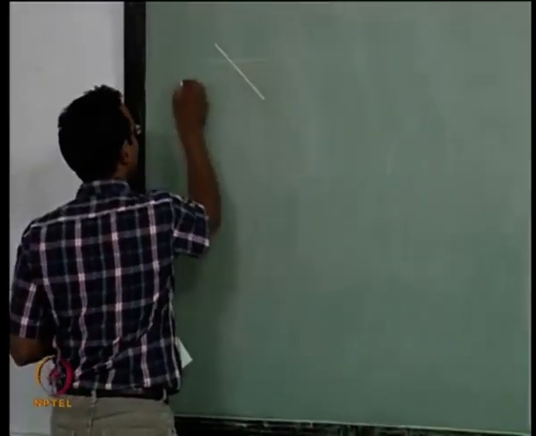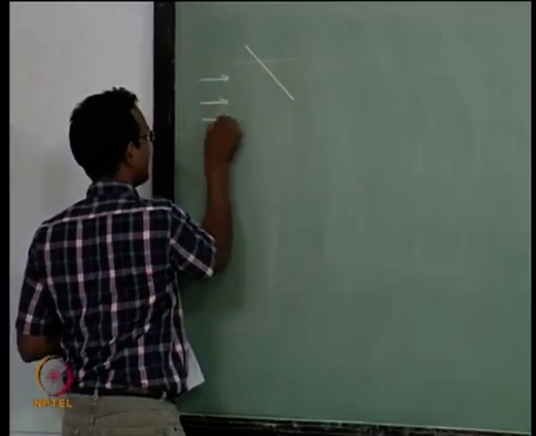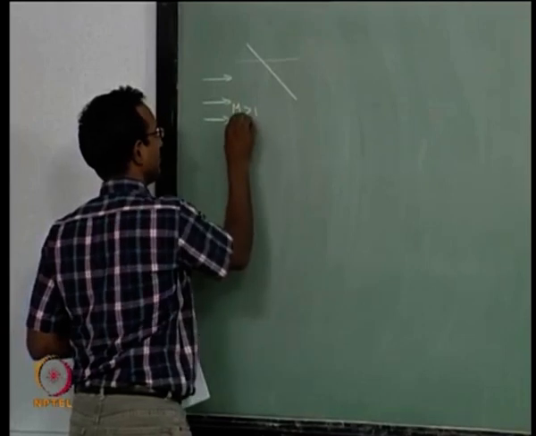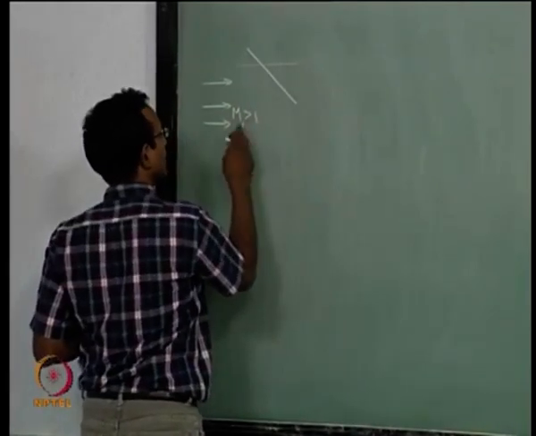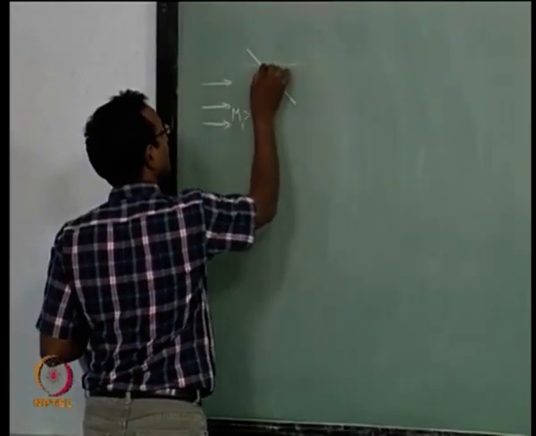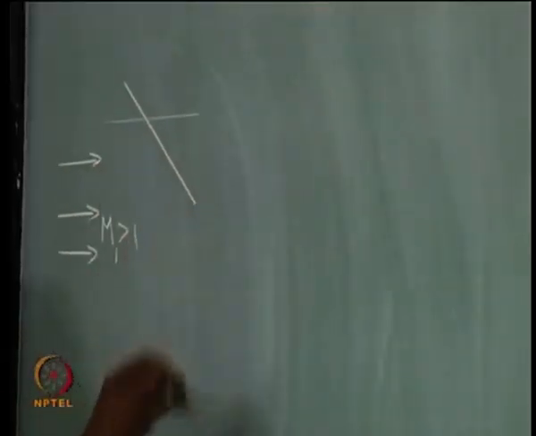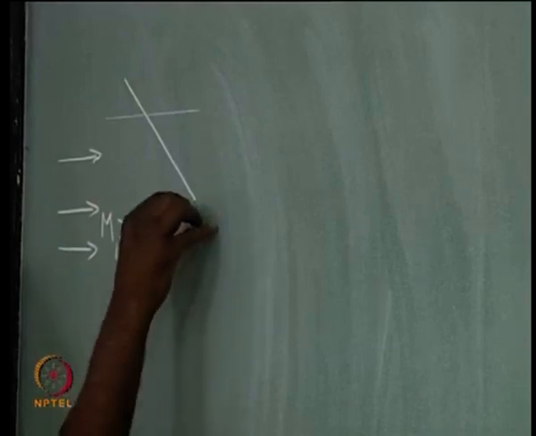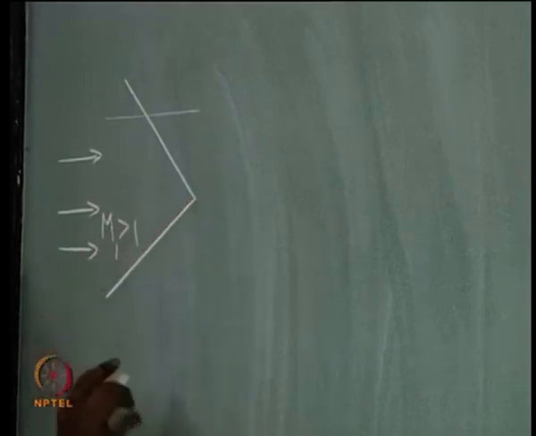Say in some flow field where flow is like this and Mach number is supersonic, I will call it M1, greater than 1, and the oblique shock is like this. This is one oblique shock and I will have another oblique shock with some other angle.